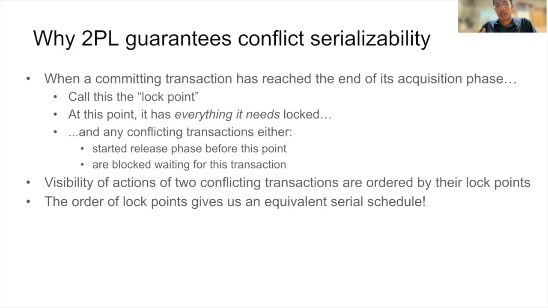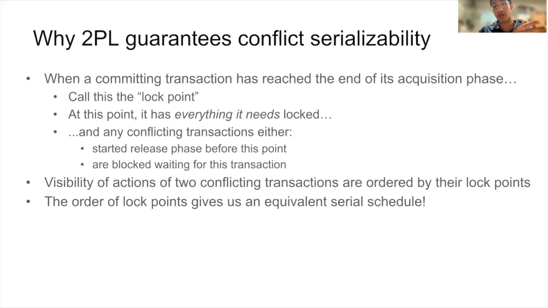Now, with regards to the lock point, think about it this way. When it's reached the end of its acquisition phase, it has all of the locks it needs to do everything that is necessary.